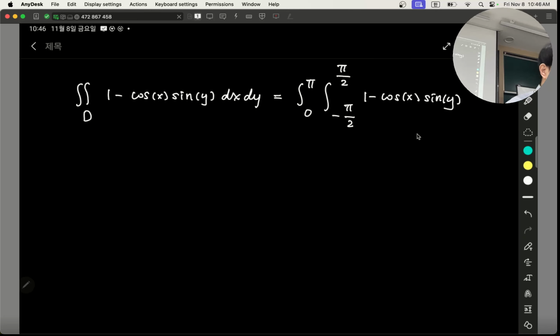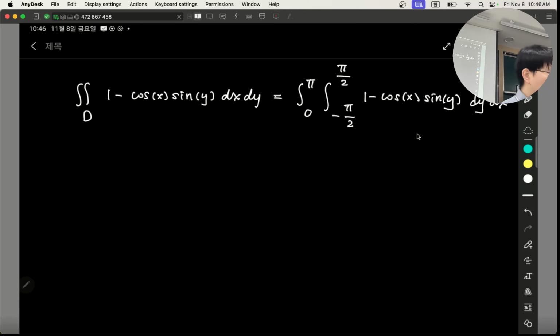So you are taking the integral over y first and then x. In the statement of the Fubini theorem, I put the bracket like this, but usually we drop the bracket because the order of integration is specified by the order of dx and dy.